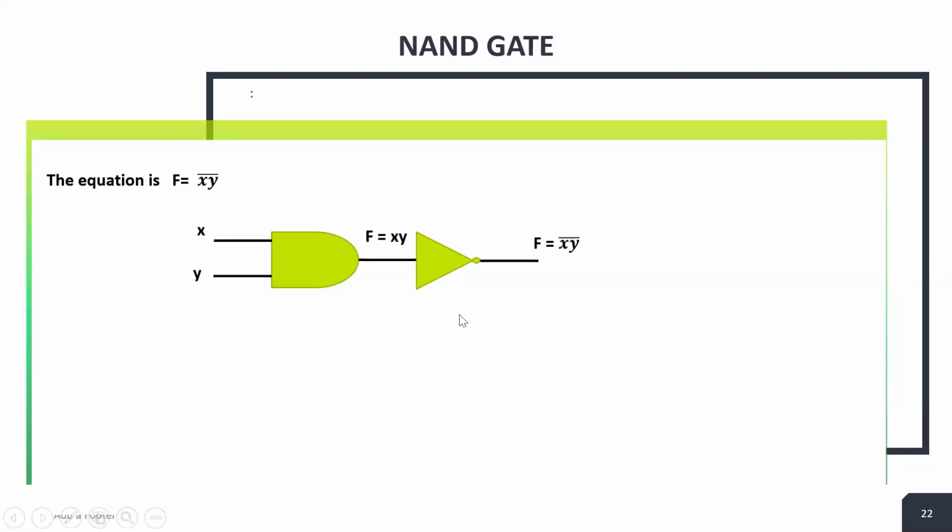This is the main thing: how to draw the circuit of a gate. Clear? This is a very important question. Mostly in papers, you have an equation like this, and according to the equation, you will draw the circuit. First, we will understand the equations.